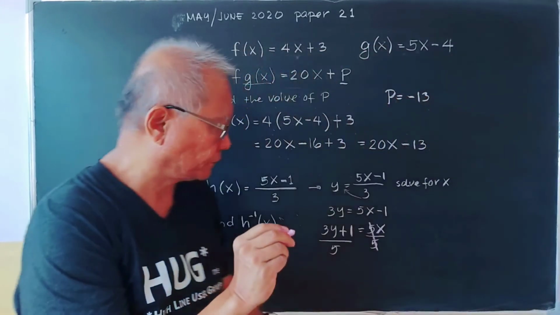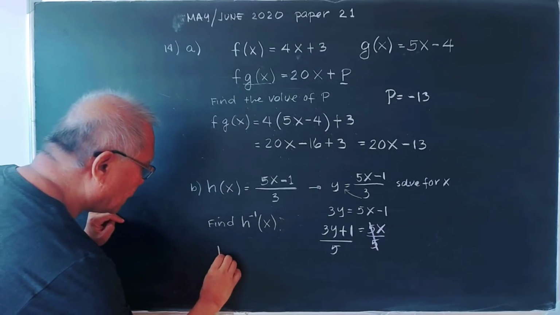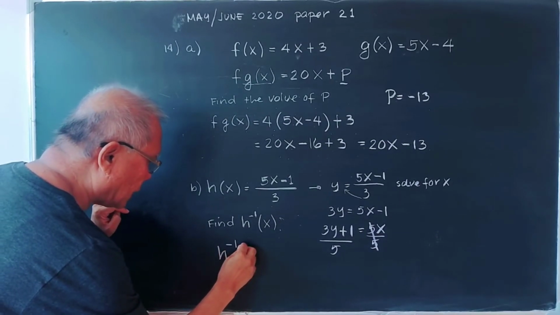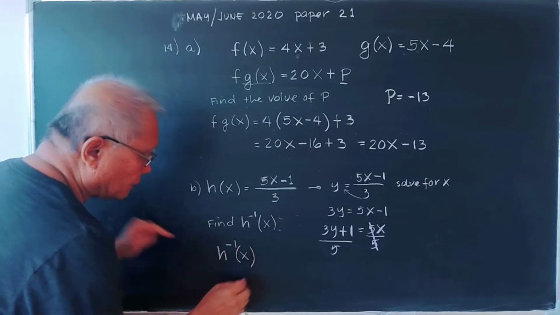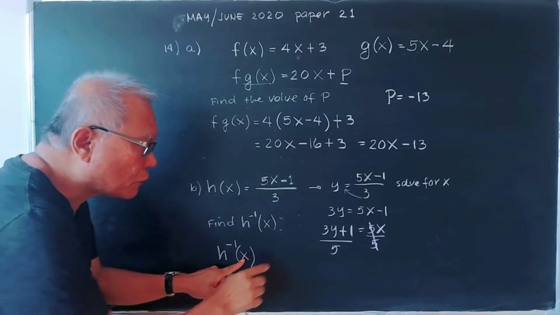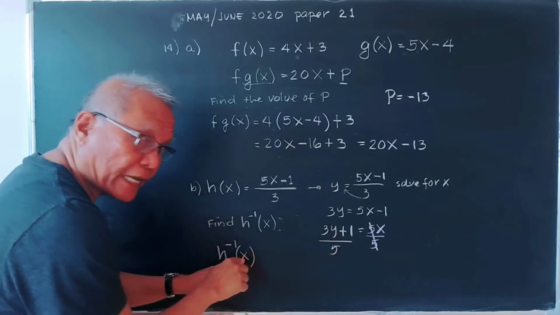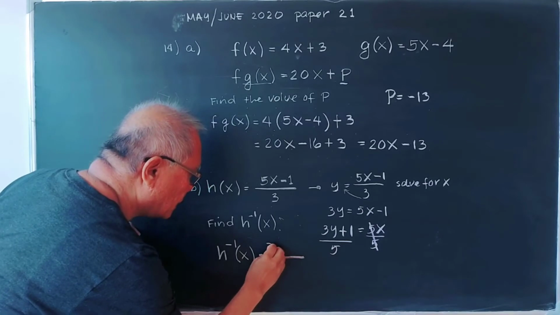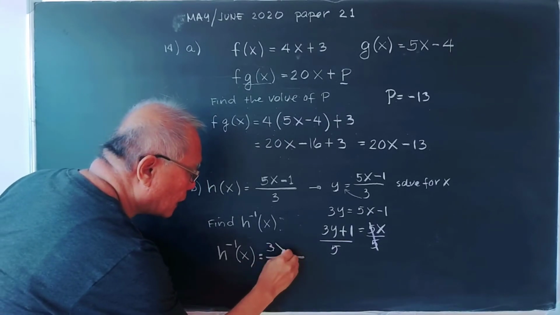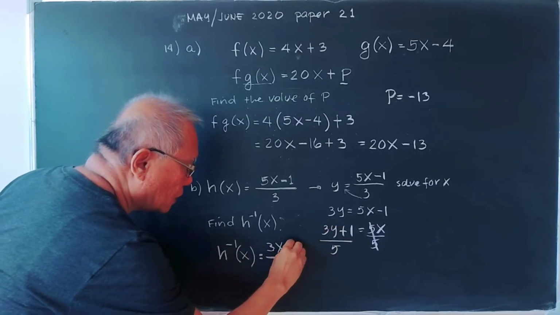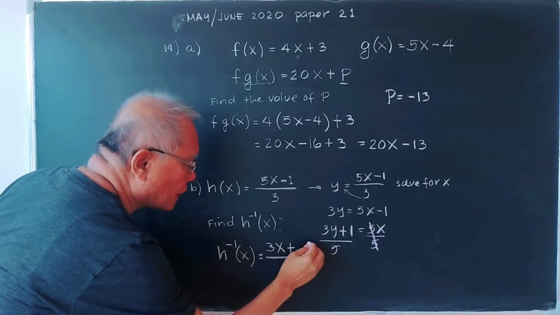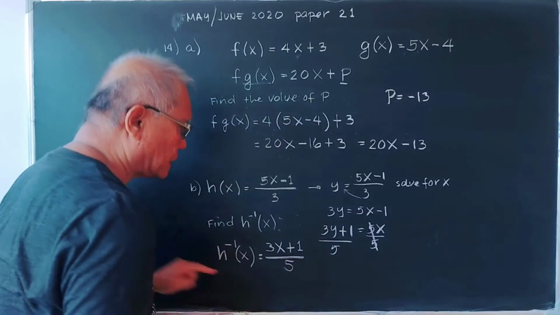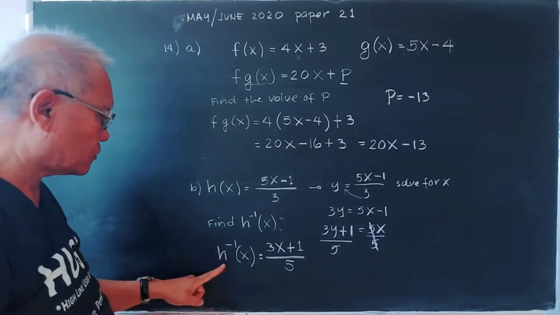So here, h inverse of the function h, because this one is x, we will replace that y with x. So this one is 3x plus 1 over 5, not y anymore. We return it back to x, and this is the inverse of the function h.